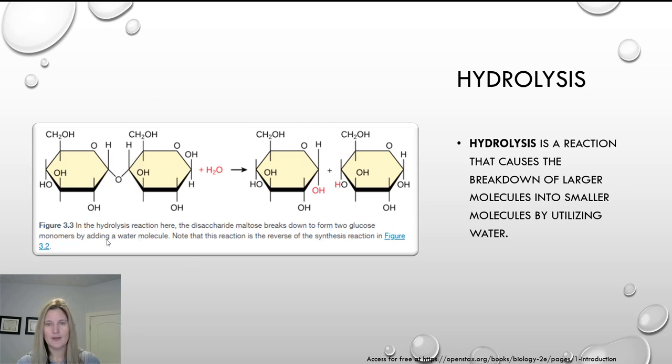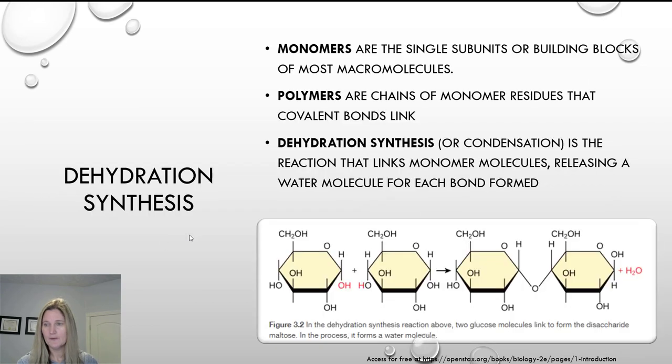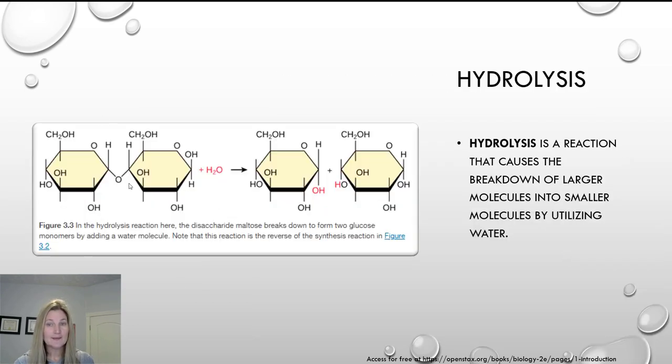So here we go. You can take a look. Here is our polymer from the last slide. There it is. Okay. So we're going to take that same polymer and we're going to add water to it. By adding water to it, we're going to break the bond between the carbon of this glucose and the oxygen of this glucose.